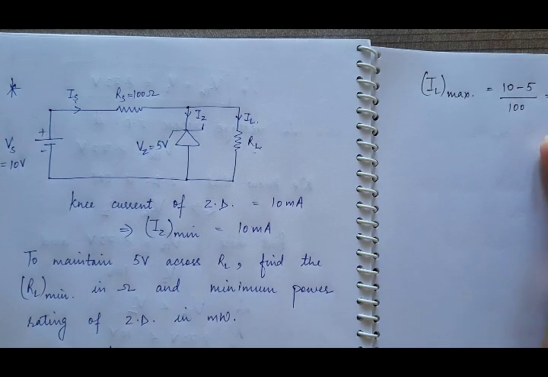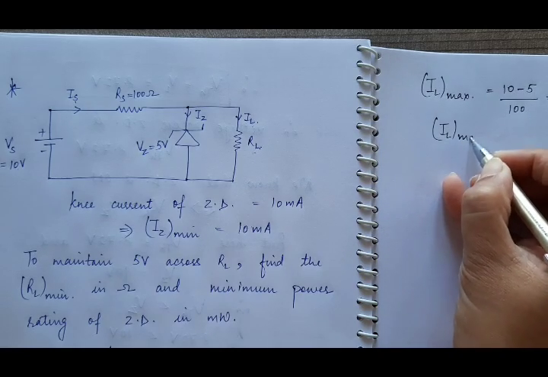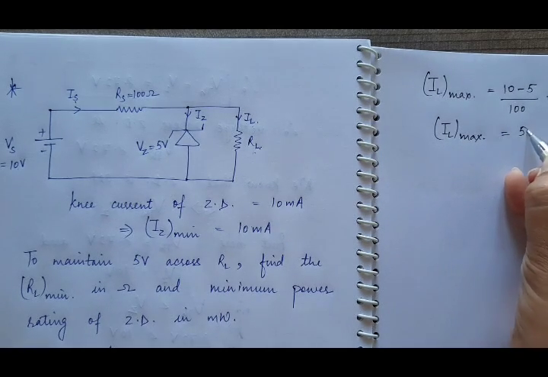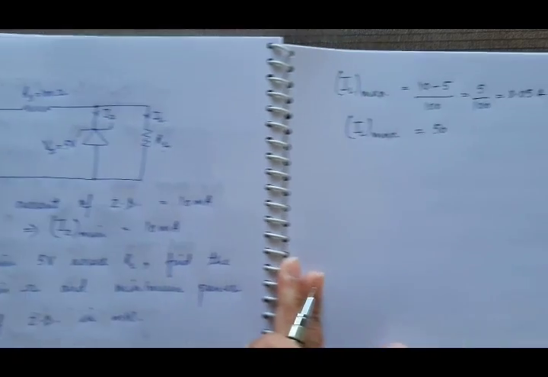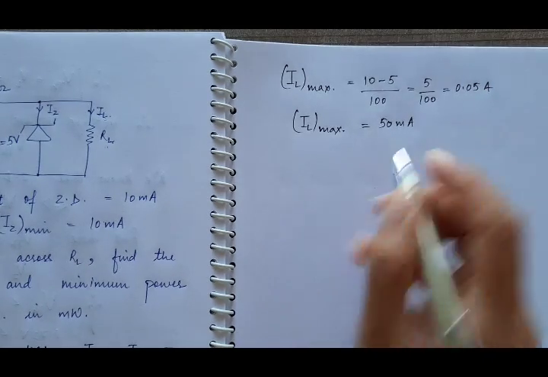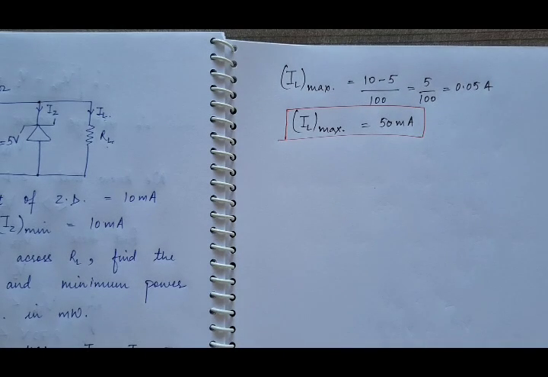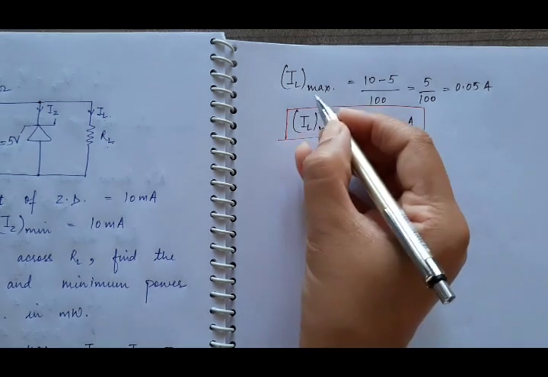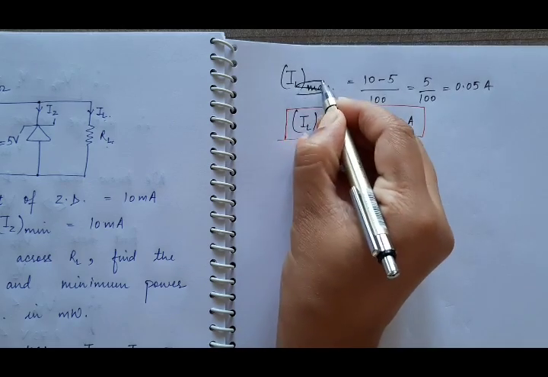So we have 5 by 100, which is 0.05 ampere, and in milliamperes it will be 50 milliamperes. So this is the maximum value of Zener current. No, this is not the maximum value of Zener current. This is the source current, Is.